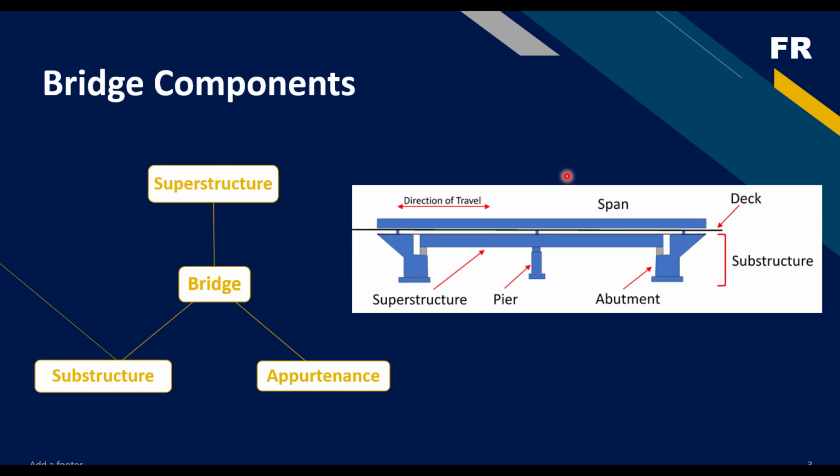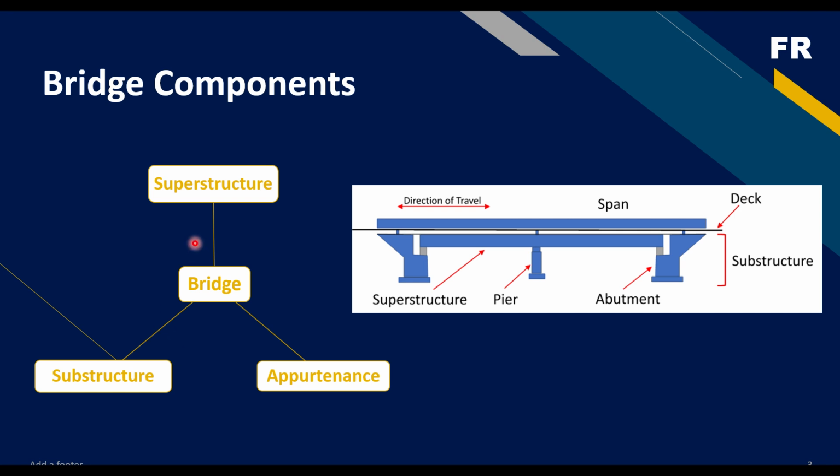In order to understand the components of bridges, they can be subdivided into three main parts. Any type of bridge, whether beam bridge, arch bridge, cantilever, truss, cable-stayed, and all of that, is mainly subdivided into three major structural parts. The first of them is the superstructure.